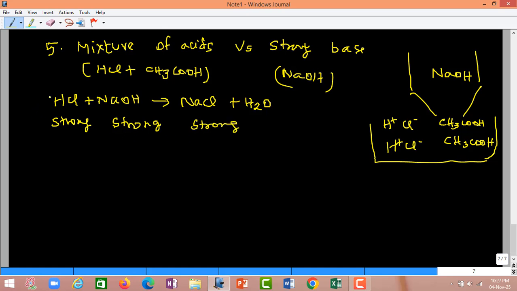What we find is that HCl is converted into sodium chloride. Both are strong, and during this conversion there will not be a change in the number of ions, but the faster H plus ions are replaced by slower, heavier sodium ions, and so the conductance decreases because the speed of the ion decreases.